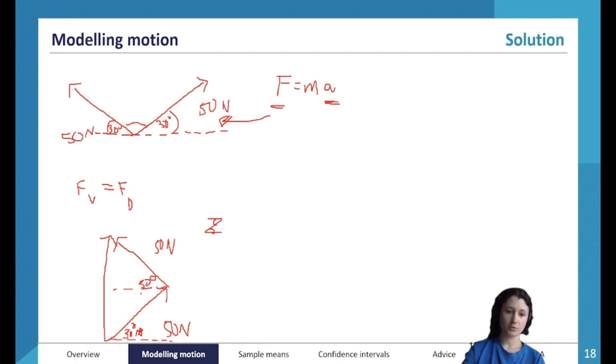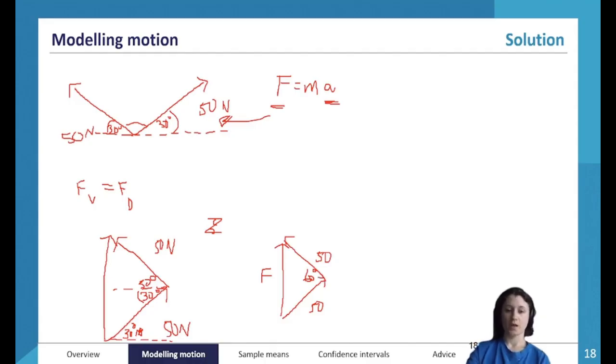This tells us that this angle here is also 30 degrees, because those two horizontal dotted lines are parallel, so you can use the Z rule there. So the triangle we're trying to find looks like this. We have two 30s there, which means we have 60 degrees, 50, 50, and this is our force vector that we would like to find.